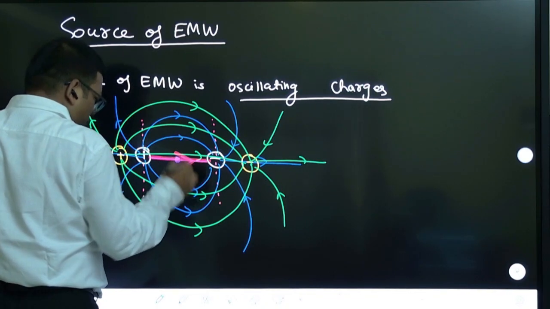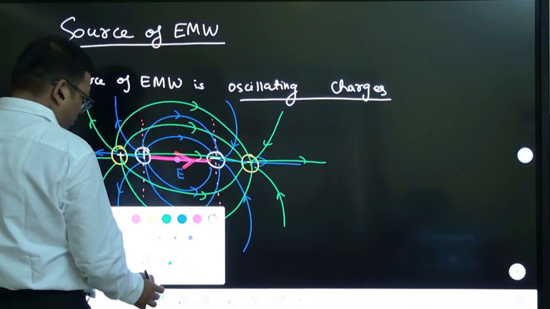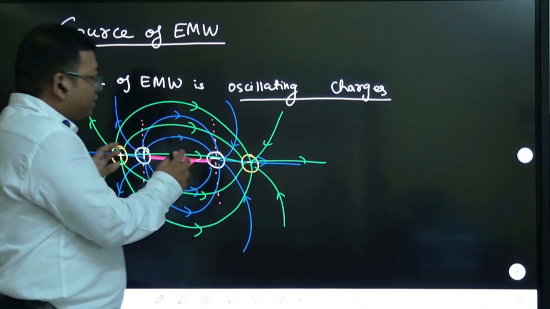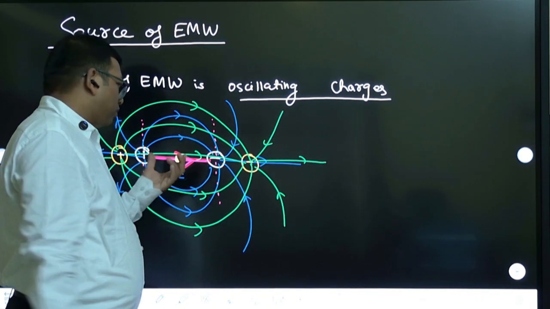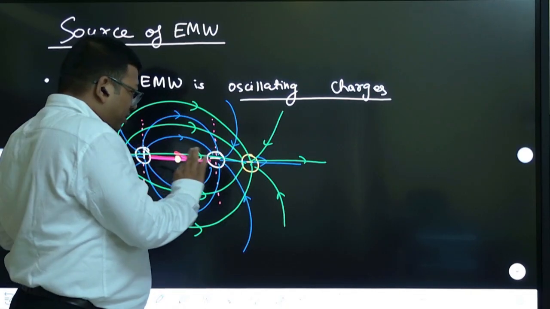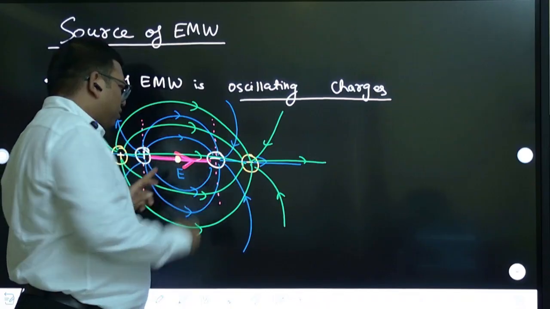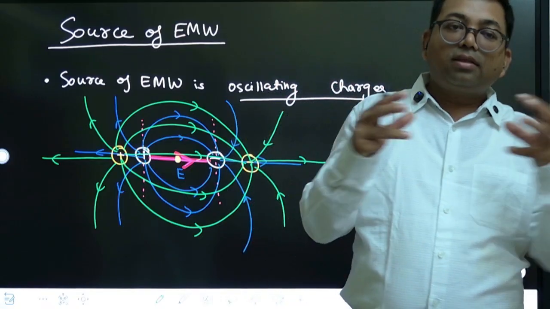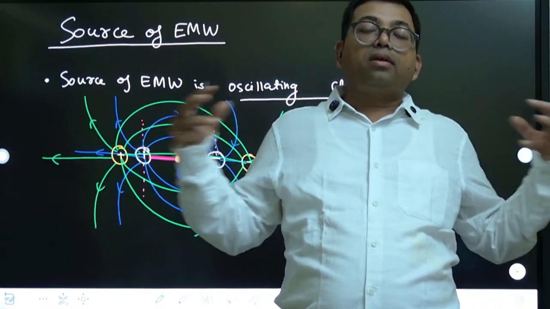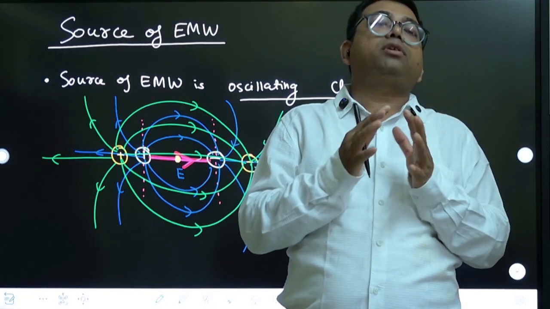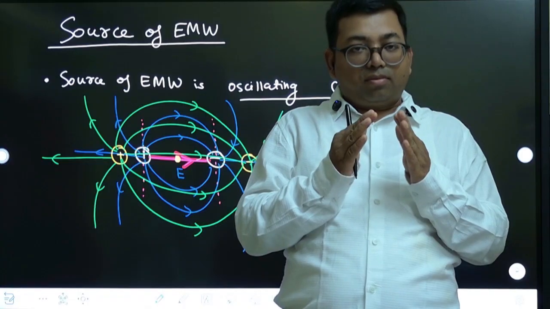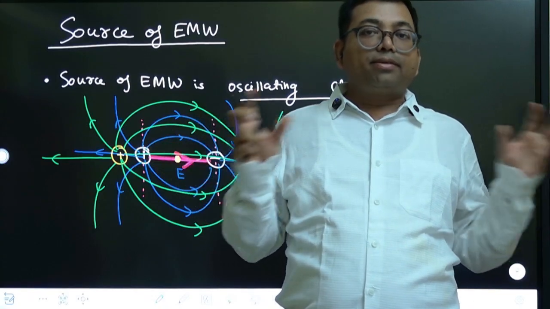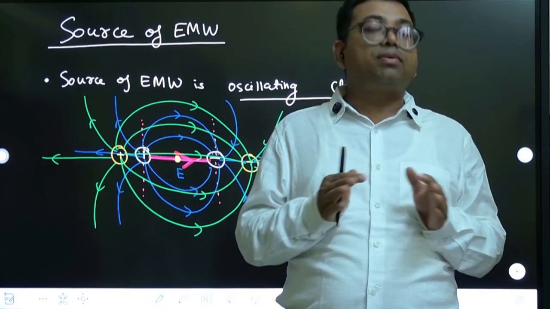Here the field is larger, but if the charge distance increases, the field value will decrease. So as the charges oscillate, when they are closest, the field is strongest, and when they move farthest, the field becomes weakest. So there is a maximum value of field and a minimum value of field.